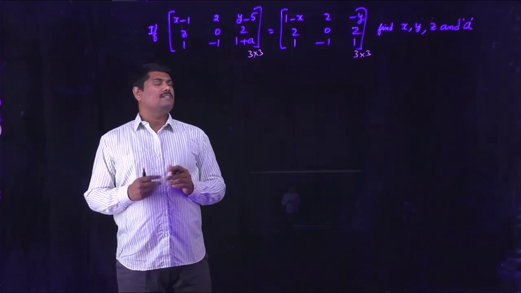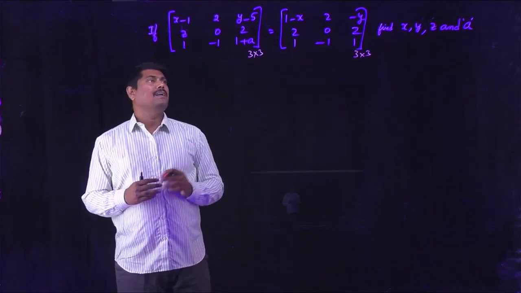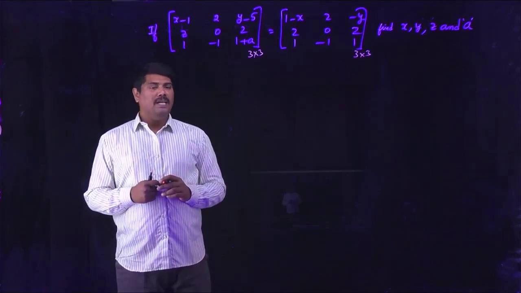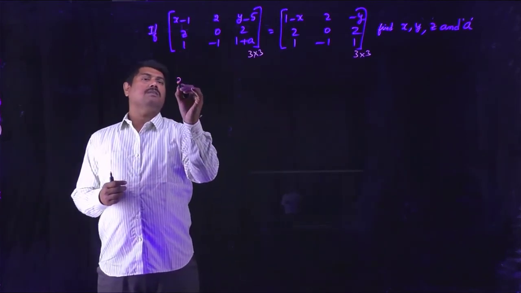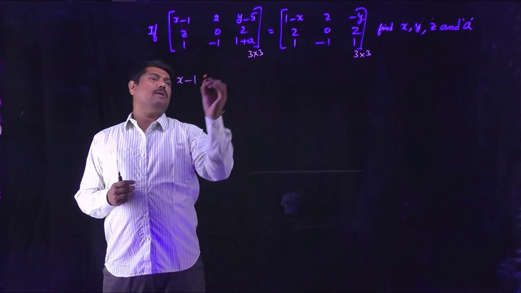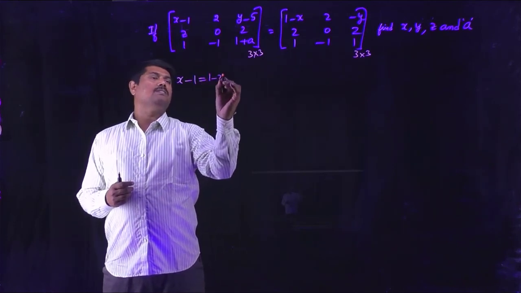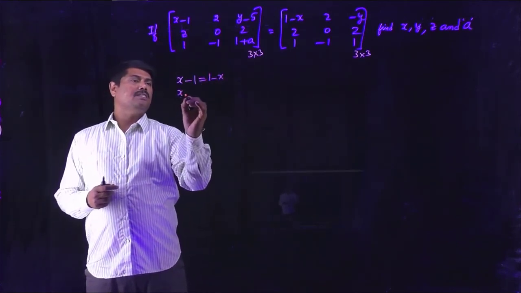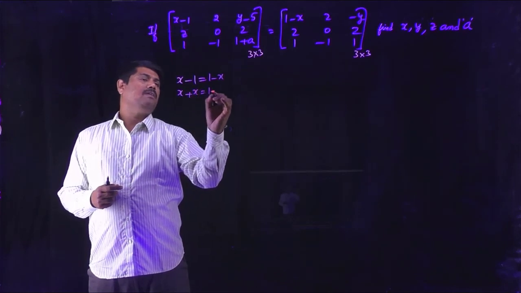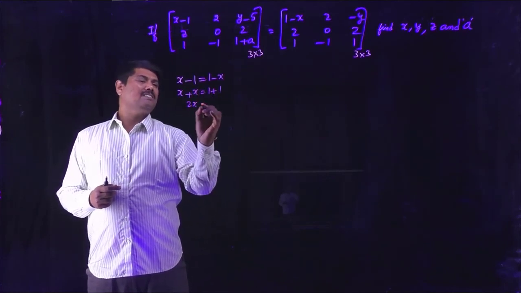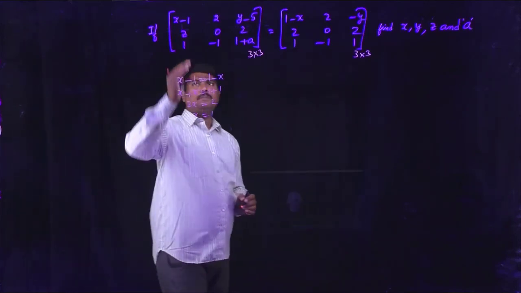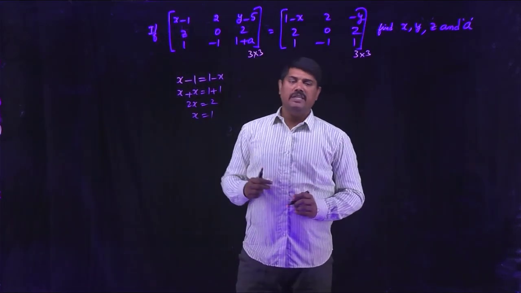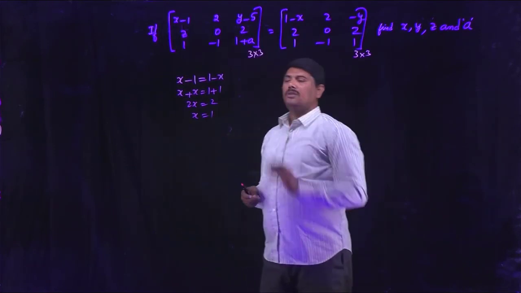So both matrices can be equal, and you have to equate the corresponding elements of both matrices. So x minus 1 has to be equal to 1 minus x. So x plus x will be 1 plus 1, 2x is equal to 2, so x will be 1. By equating the 1, 1 position element in both matrices, you get the value of x.